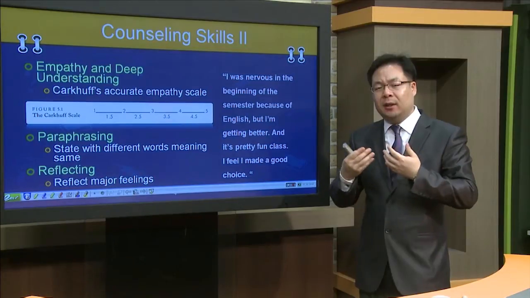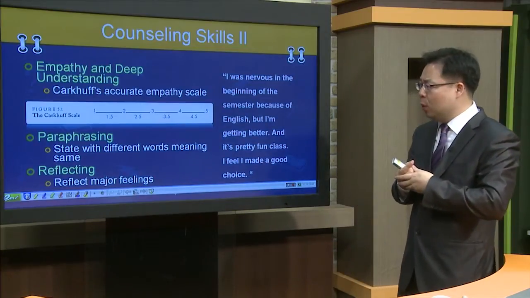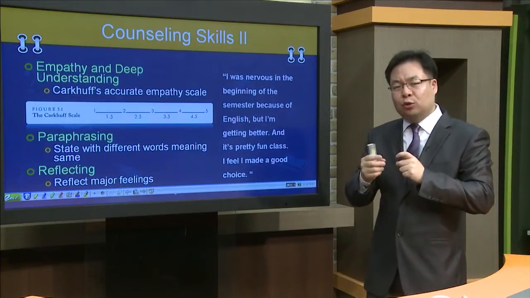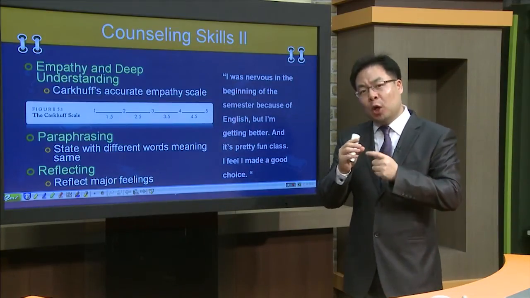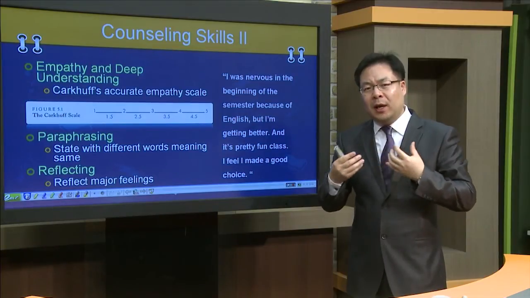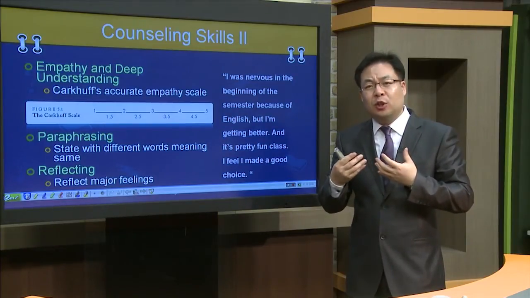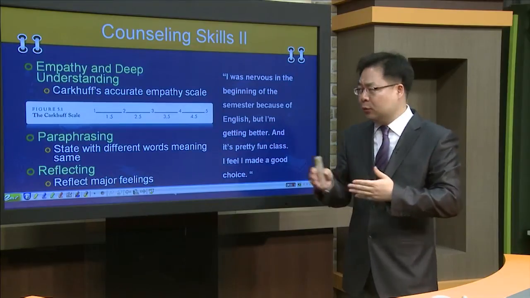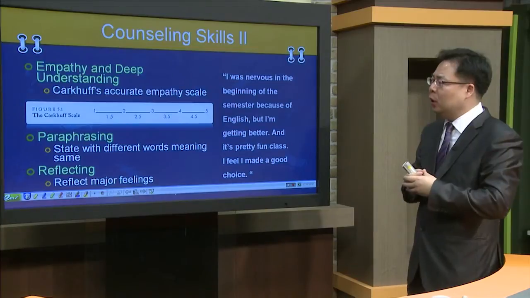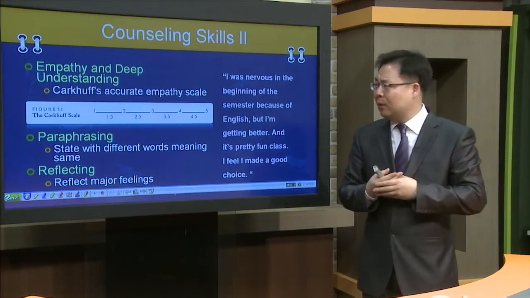That facilitates their understanding. That is level 4. And level 5 is where the counselor's communication to the client increases the client's understanding in the deepest way. So Carkhuff differentiated different levels of empathy. We want to show a higher level of empathy anyway.